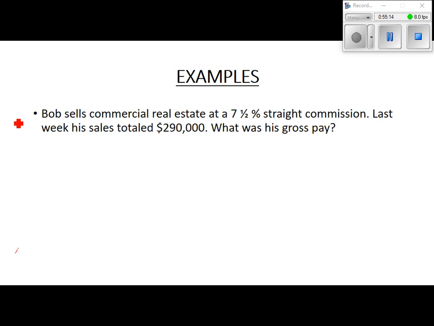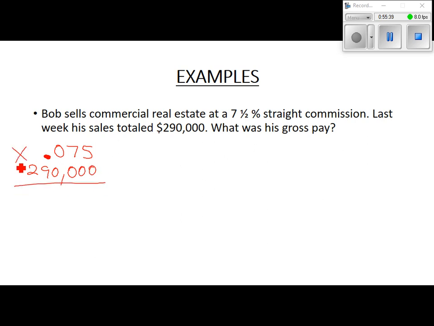First of all, 7.5%. How am I going to write that as a decimal? 7.5. Give me the decimal. .075. Times that, please make sure you know how to change fractions to decimals and stuff.